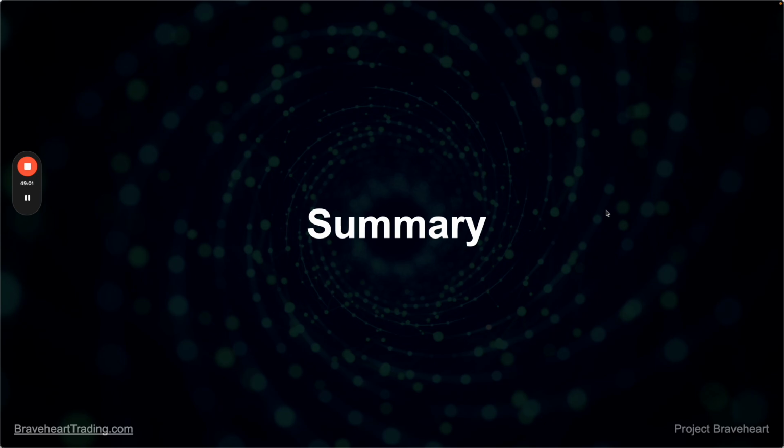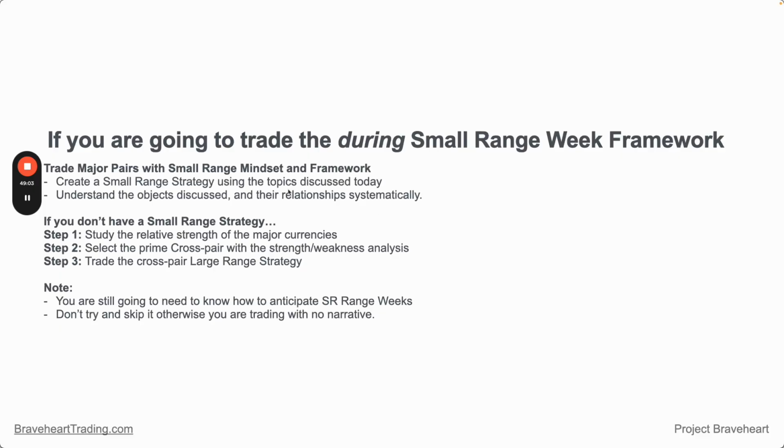So, summary. If you are going to trade during small range week framework, trade major pairs with a small range mindset and framework. Okay? So, create a small range framework strategy using the topics we discussed today.